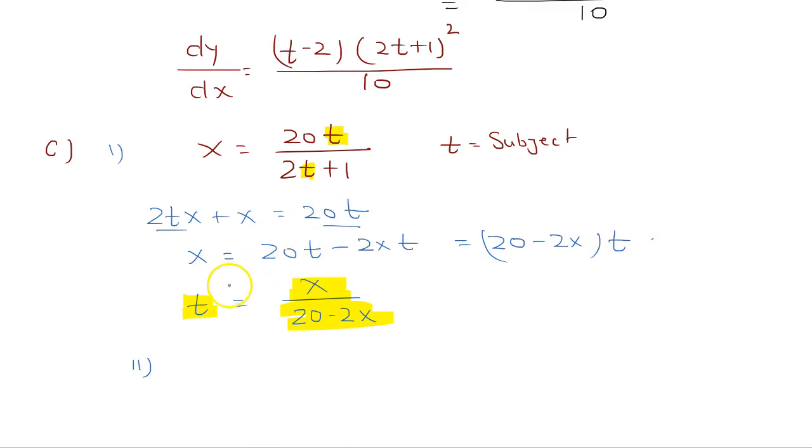This is the first part. And the second part is: hence find a Cartesian equation of the curve C. Write your answer in the form y is equal to f of x. So we have the parametric equation.